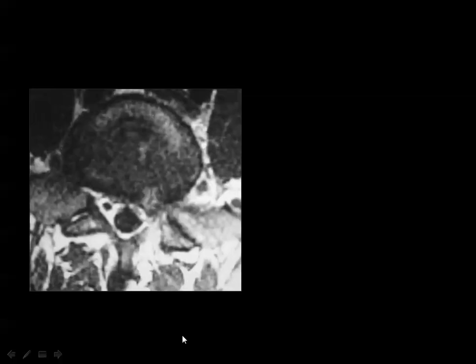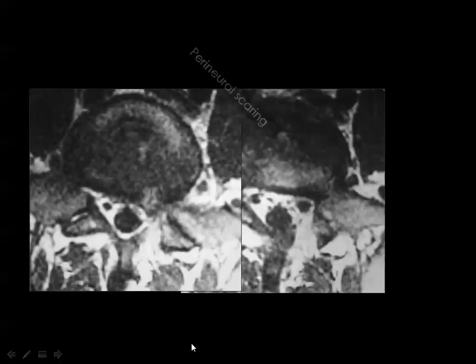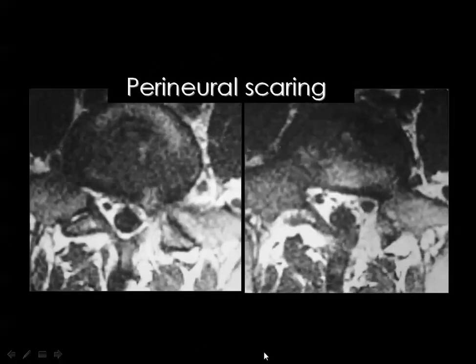Then in this example, you see a shadow here, and you want to know if this is a scar or disc, then you inject contrast media, and you have enhancement of the whole lesion, leaving the nerve root inside, and this is what we call perineural scarring, which was surrounding this S1 nerve root. The nerve root, as I have said, will not look similar to the normal one.